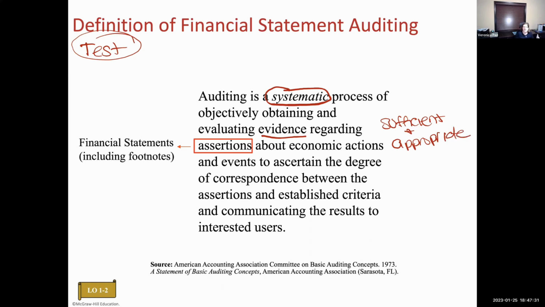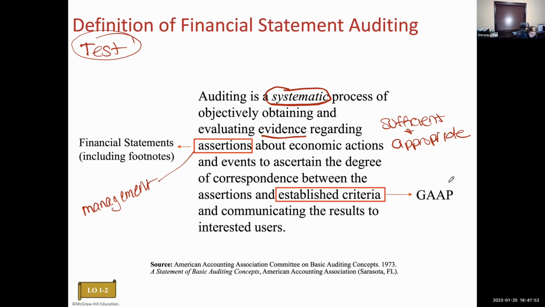We're issuing that opinion based on management assertions. Management makes the assertions, and we provide attestation services on those assertions. And we are determining the degree of correspondence between those assertions and the established criteria.